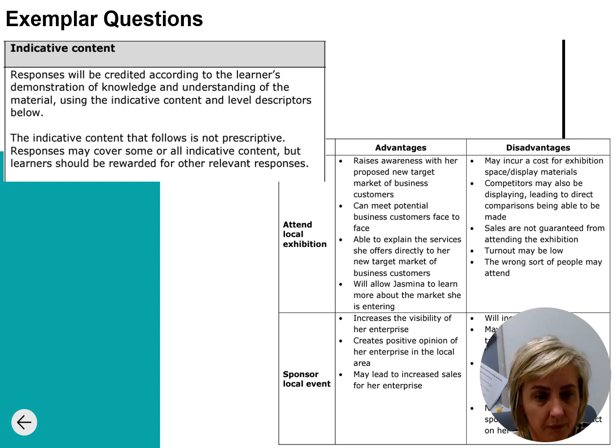So in terms of how you get credited for the marks, you would get it if you demonstrated a knowledge and understanding of the material using the indicative content and level descriptors below.